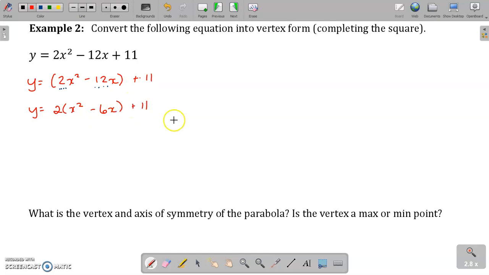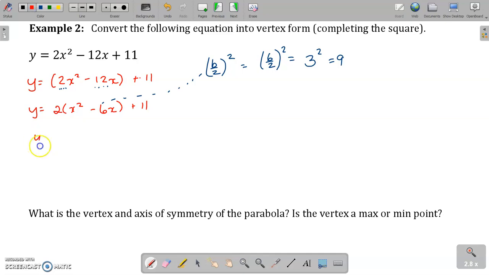And then the next step is we look at that second term, and remember we want the b over 2 squared, which would be, well, it looks like a 6 anyways, 6 over 2 all squared, which would be 3 squared, which is 9.